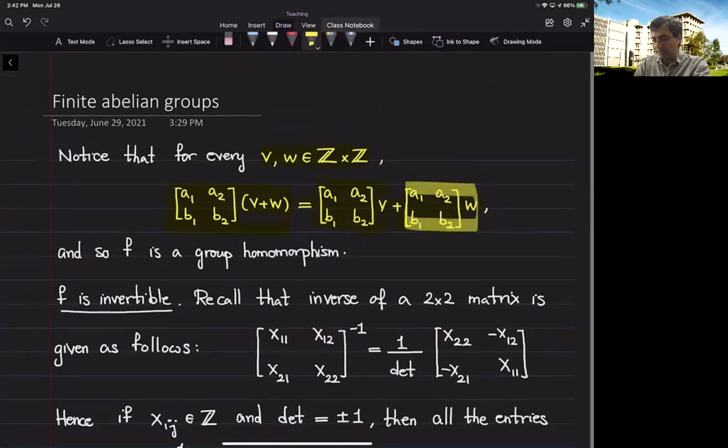All together we see that it sends V plus W to what it does to V plus what it does to W. Therefore, f is a group homomorphism. Why is it invertible?